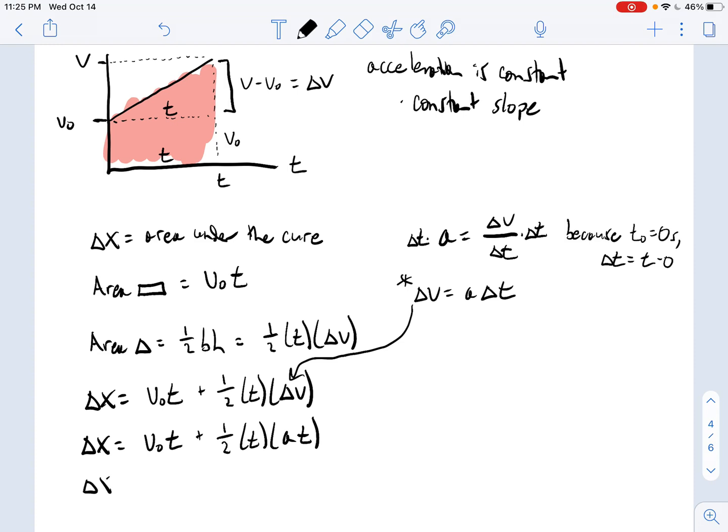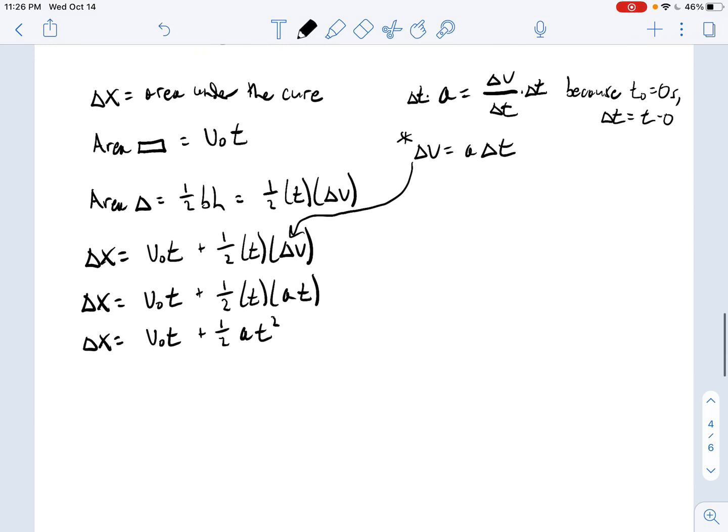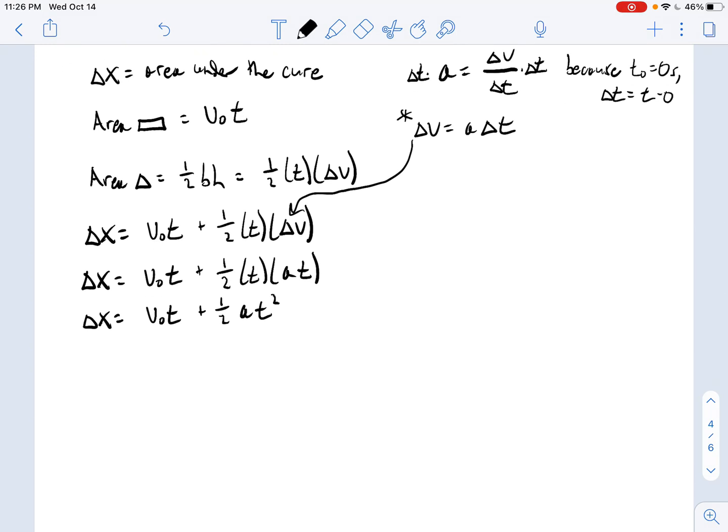From there we can say delta x is equal to v initial t plus 1/2 at squared, and then finally our change in x is going to be our x final minus our x initial, and we're going to want to solve this one for our final position.